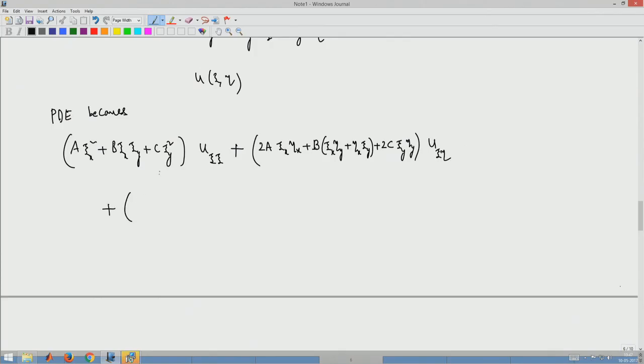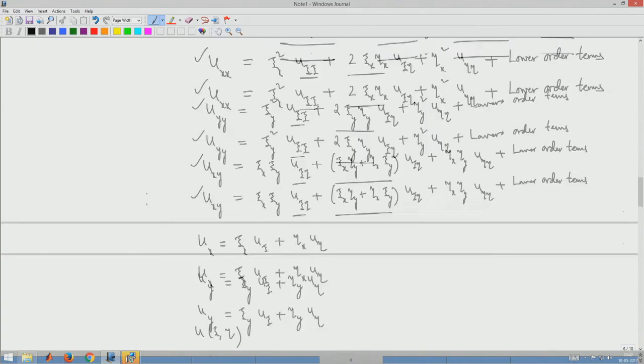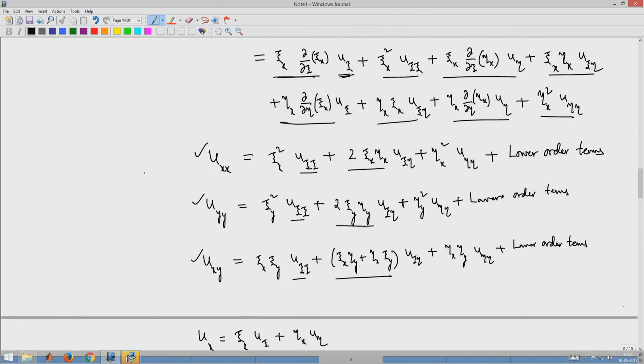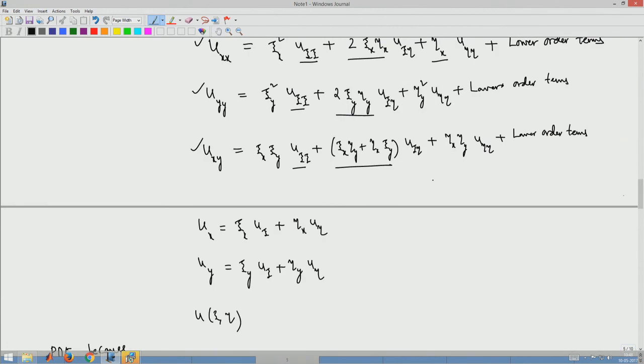Plus, what you have is something similar for u ηη terms. What is the coefficient of u ηη? u ηη is again the ηx² term, so ηη is this one and this one.